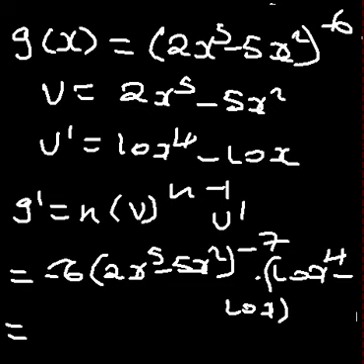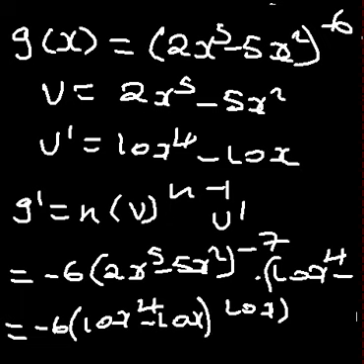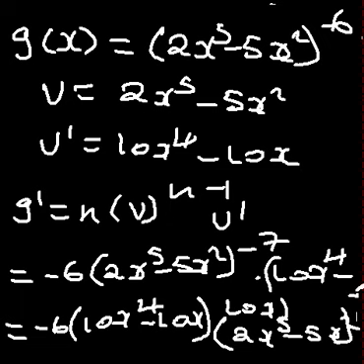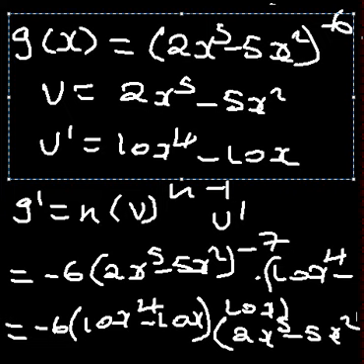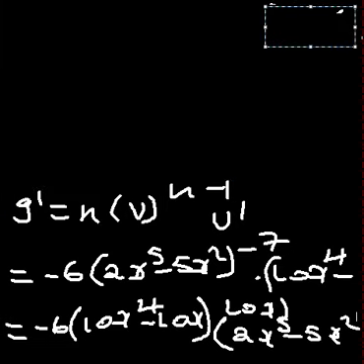We'll have negative 6 times this one, and we'll have to expand it out. That will be negative 6 times (10x to the power 4 minus 10x), times (2x to the power 5 minus 5x to the power 2) to the power negative 7. Let's have it in a nice way here.